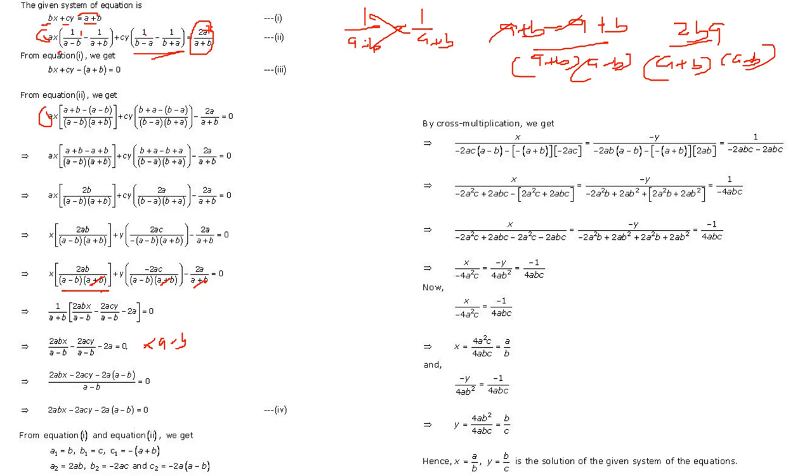And all these will be cancelled. So this will be the final, and you can again divide the whole by 2A, because 2A is common. So finally what do you get? Bx minus Cy minus A minus B equal to 0.